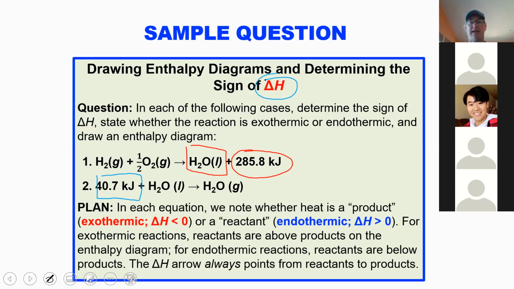So our change in energy is negative. Or if it's an endothermic reaction, heat is a reactant, like in number 2. We're adding heat ourselves to liquid water in order to get it to react, in order to do a physical change. So if heat is a reactant, that's an endothermic reaction.